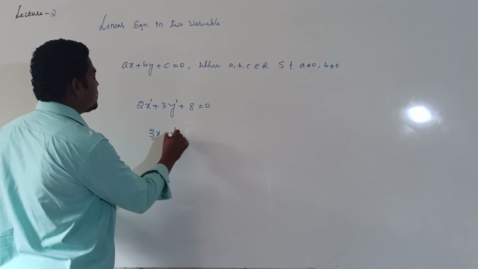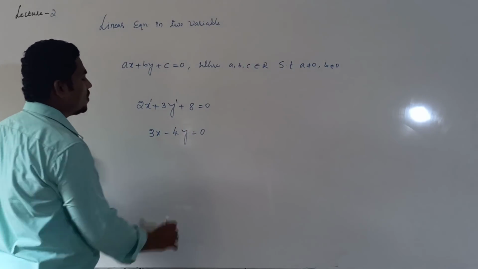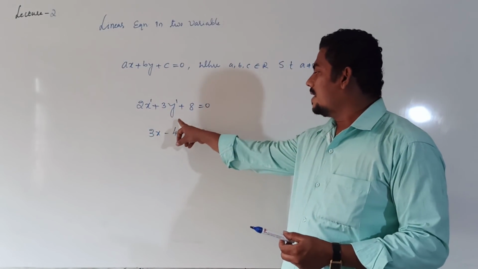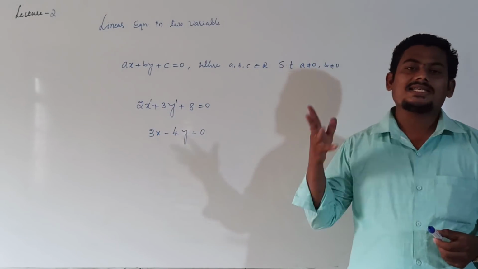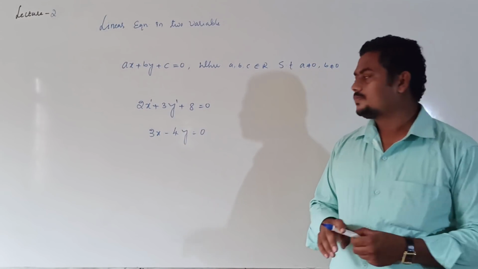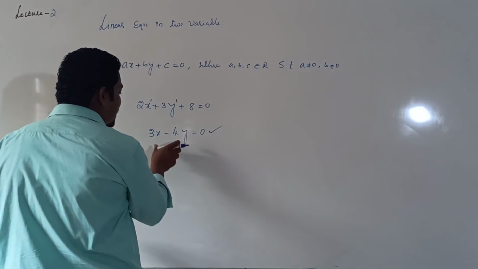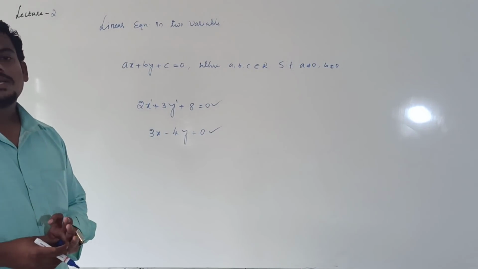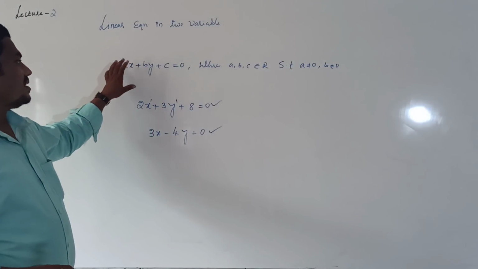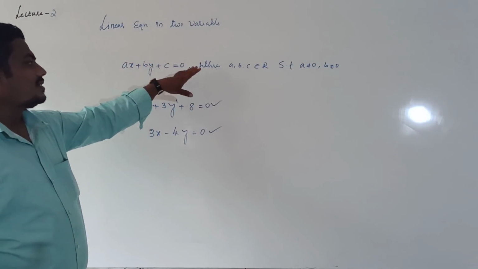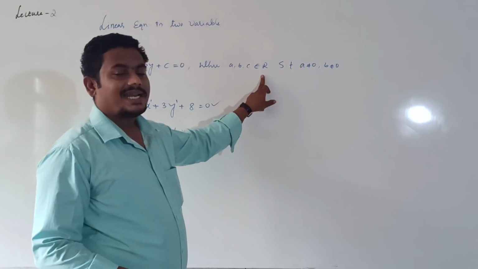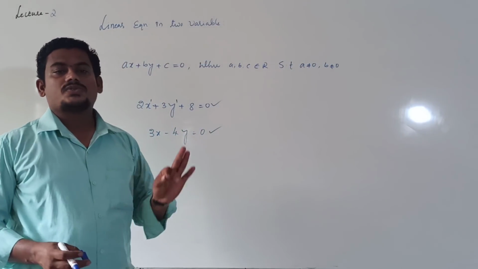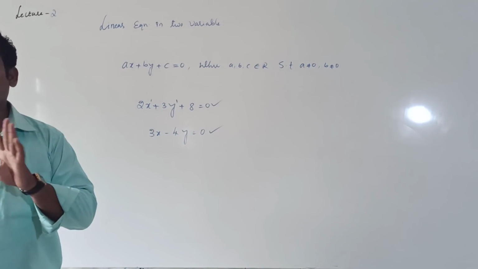And 3x minus 4y equal to 0 is also a linear equation in two variables. The constant term may or may not be 0. Clearly this is a linear equation in two variables, and this one is also. Definition: an equation of the form ax plus by plus c equal to 0, where a, b, c are real numbers such that a not equal to 0, b not equal to 0, is called a linear equation in two variables.